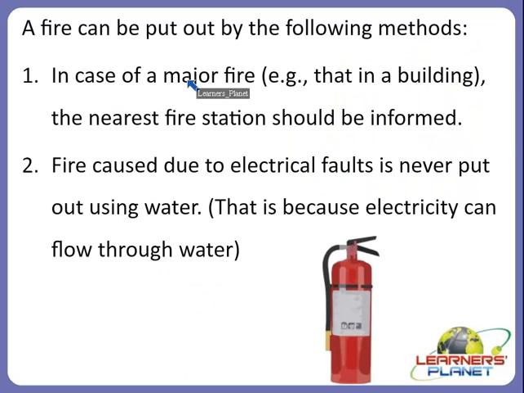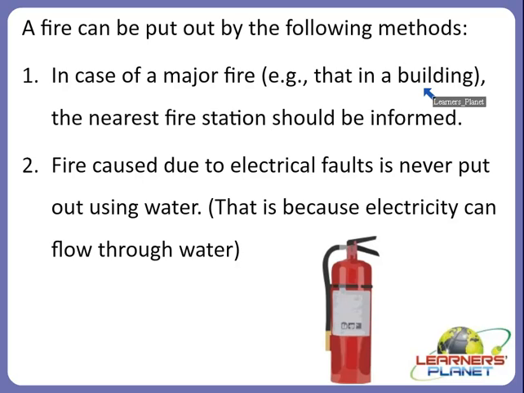Yes, a fire can be put out by the following methods. In case of a major fire, for example in a building, the nearest fire station should be informed, right? Because in a large building there are many houses where certain things can take place, like a short circuit because of electrical faults, or even gas leaking because of faulty pipes, right?